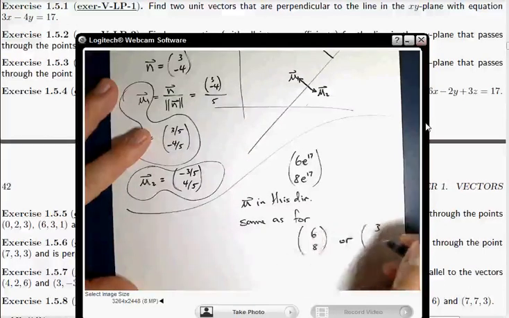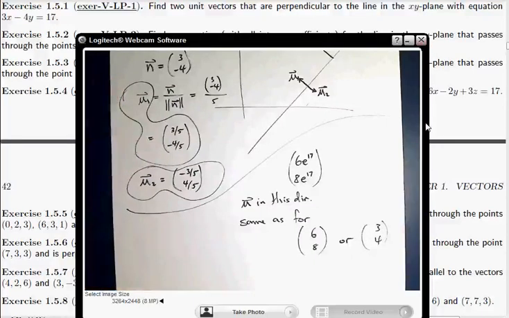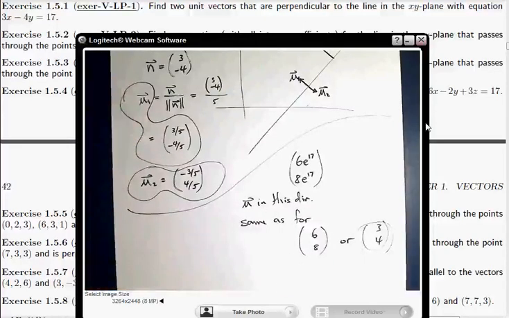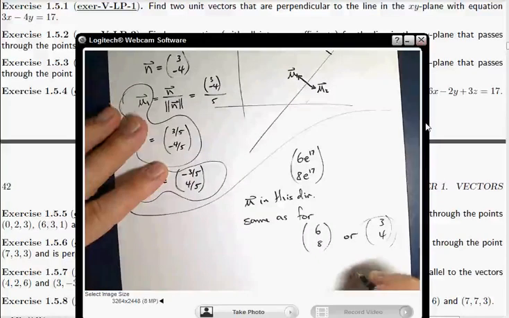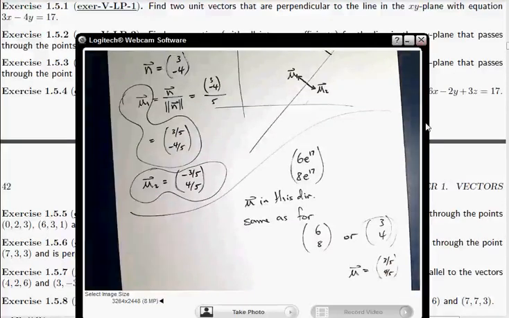Or (3, 4), that's just as good. I'm just dividing by numbers here, and as you've observed, it doesn't make any difference for the unit vector pointing in that direction. Then I divide by its length, and that gives me (3/5, 4/5). So that's pretty much the question you were asking.